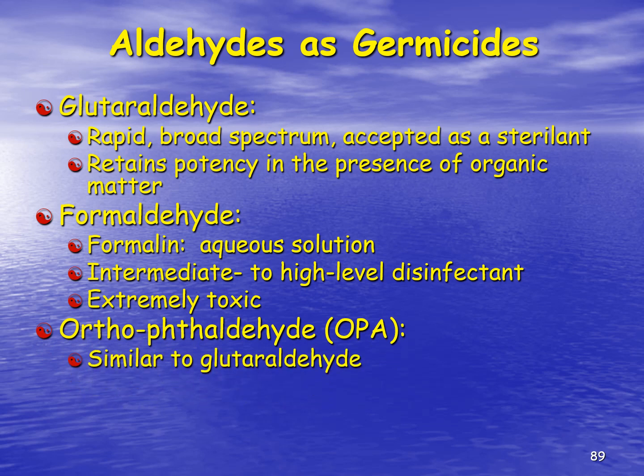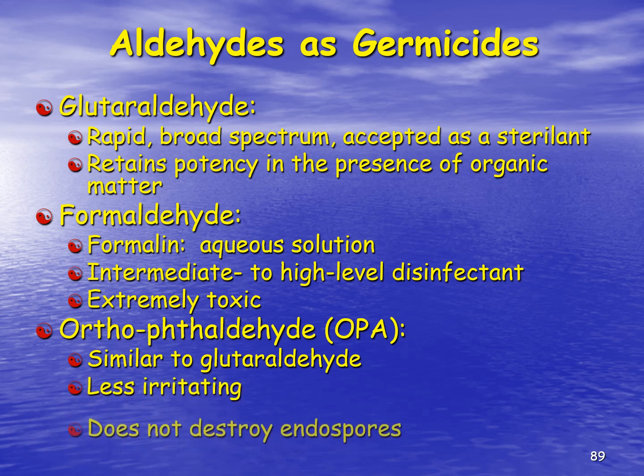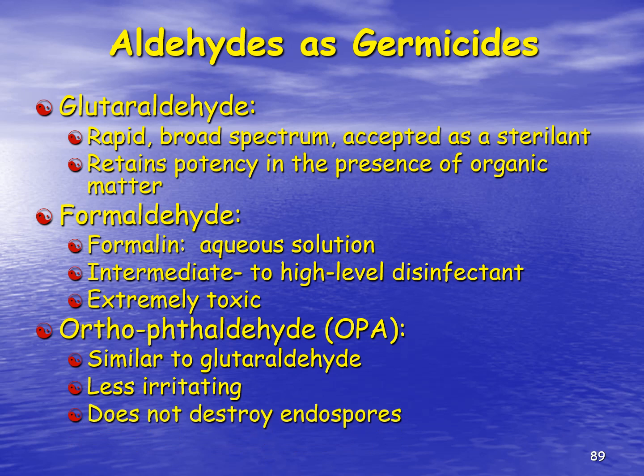Orthophthalaldehyde, or OPA, is similar to glutaraldehyde in its effects, but it typically tends to be less irritating. It, however, does not destroy endospores as glutaraldehyde would if they had a long enough exposure time.